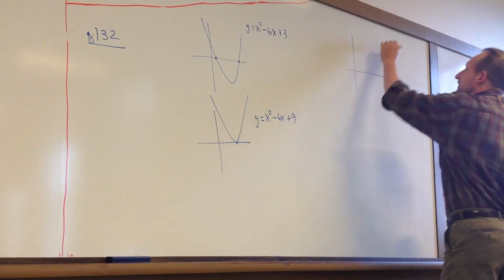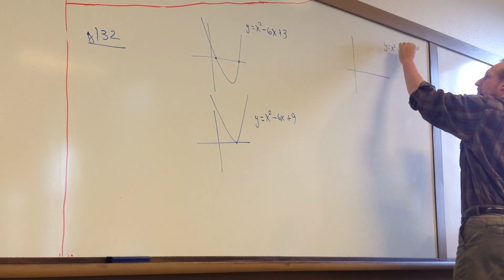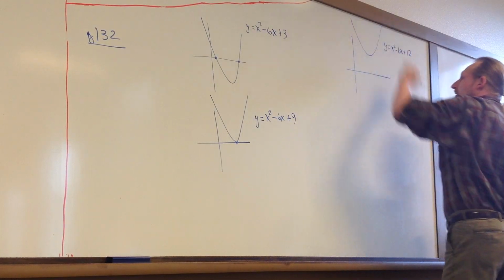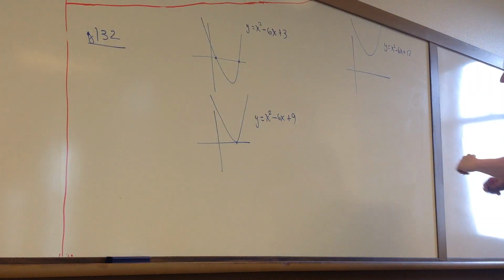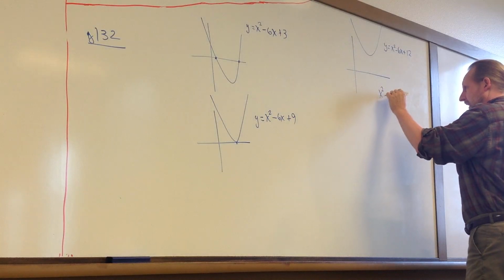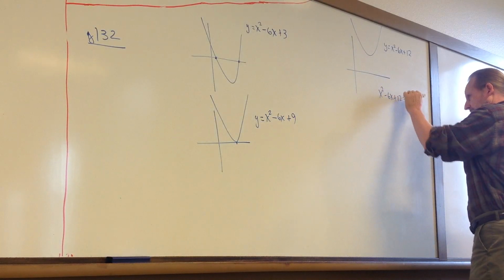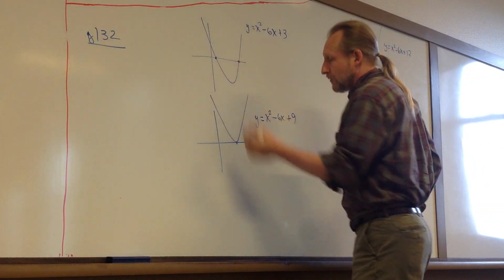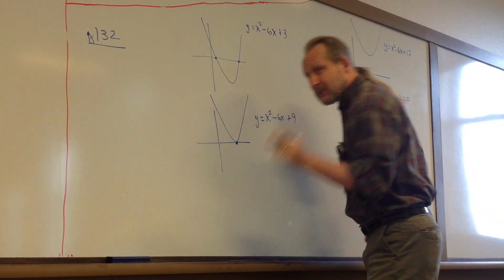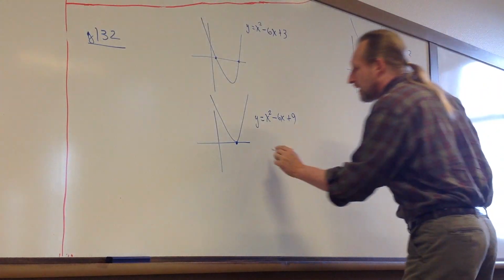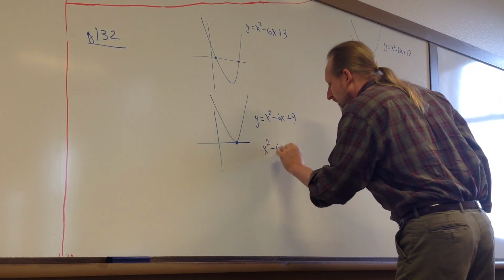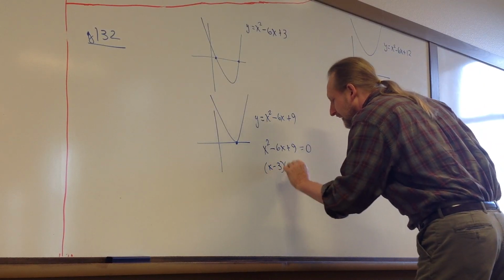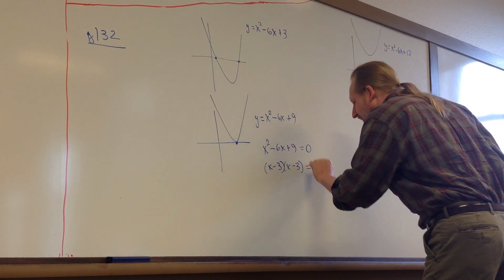And we were doing this in the section where we were talking about complex roots, because this right here, x squared minus 6x plus 12 equals 0, has complex roots. This would have two real roots. So this one has a single repeated root, because if you take x squared minus 6x plus 9 equals 0, it factors as x minus 3 times x minus 3.